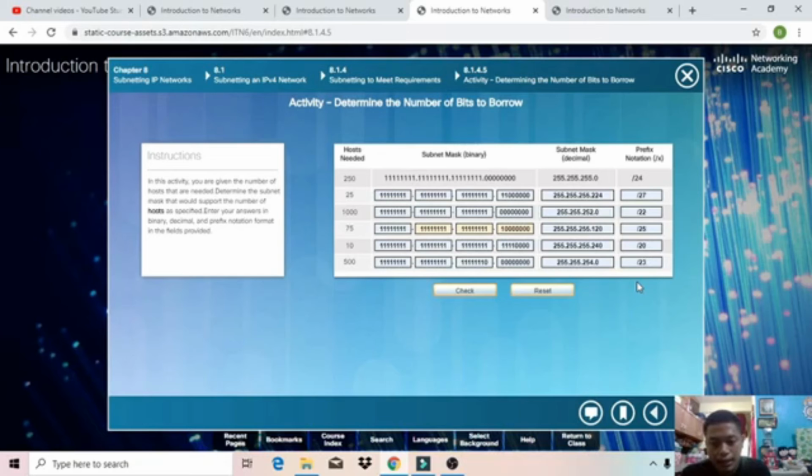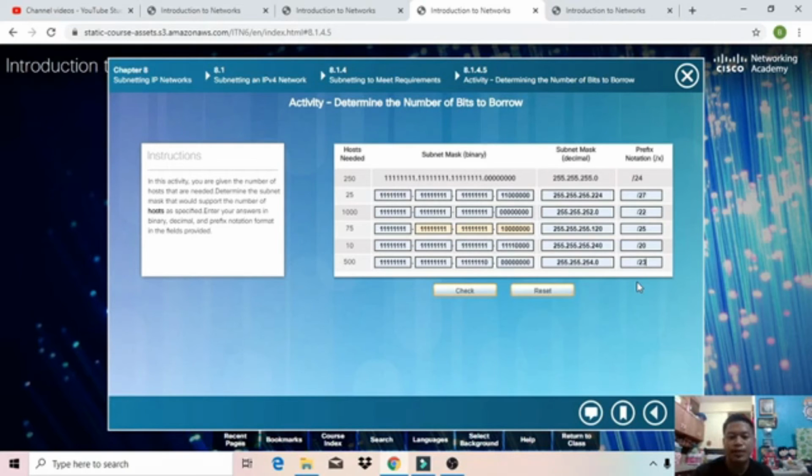If the subnet mask bits are all one, the subnet mask octet is 255, because if you add the values of the bits, the total is 255. So the prefix notations are /27, /22, /25, /28, and /23.